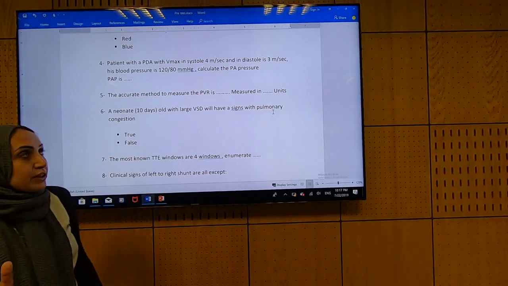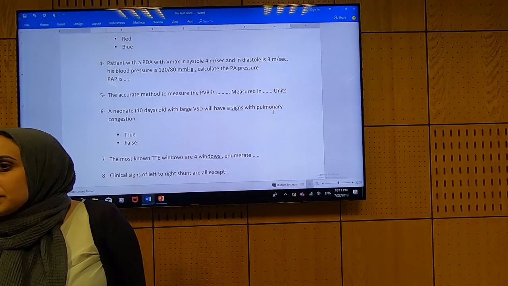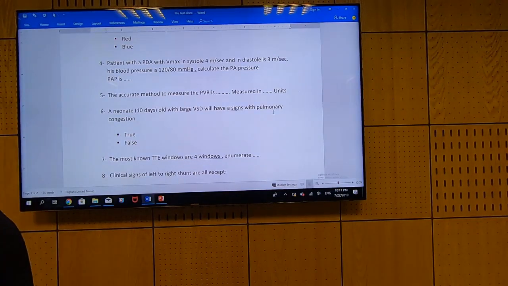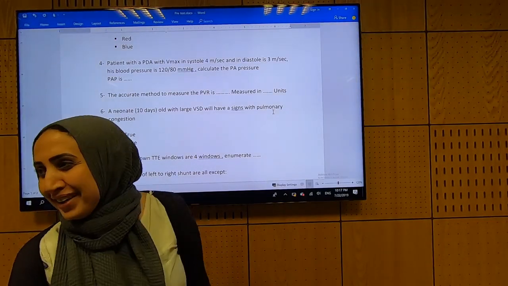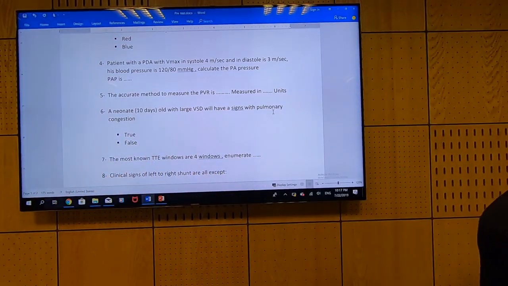Okay. Perfect. And the diastole is 3, 3 squared is 9, multiplied by 4 is 36. 80 minus 36 is 44. Okay, so roughly you got the idea.